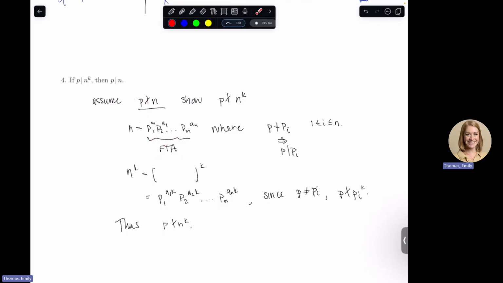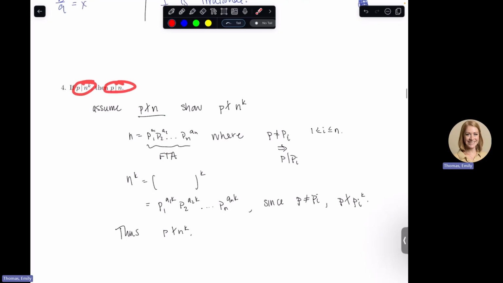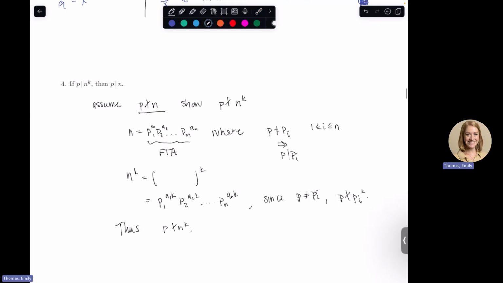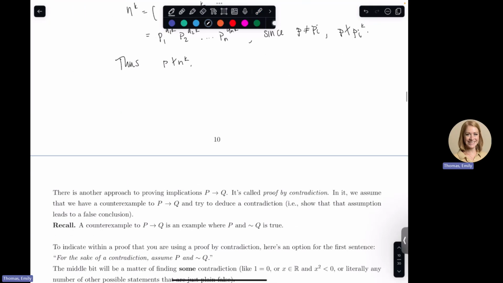So it's not going to divide either one of those raised to a power that's bigger, because the primes are not going to change. It's just going to be more copies of them. So it makes sense that if p divides n to the k, then p has to divide n, because it's a prime. I think that makes sense.